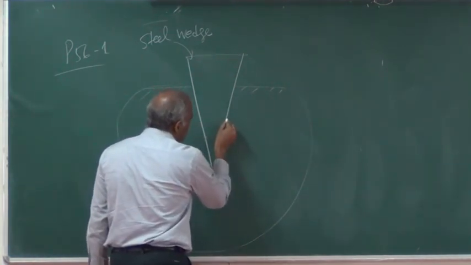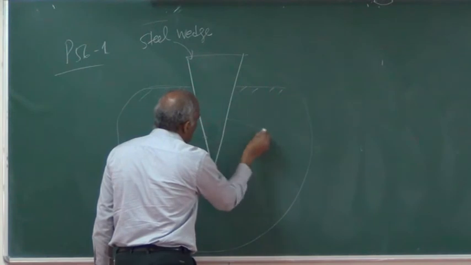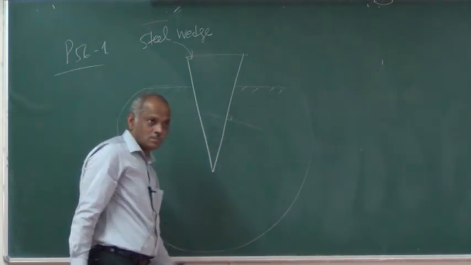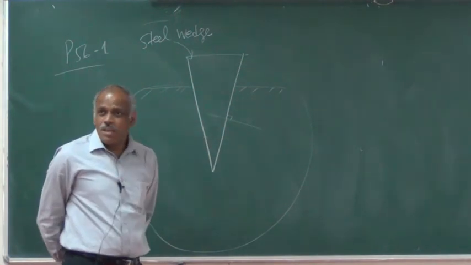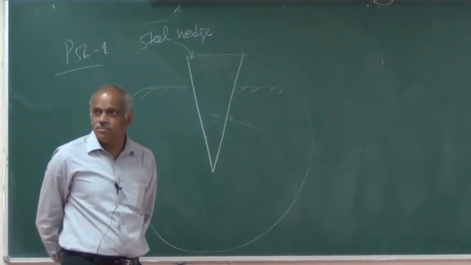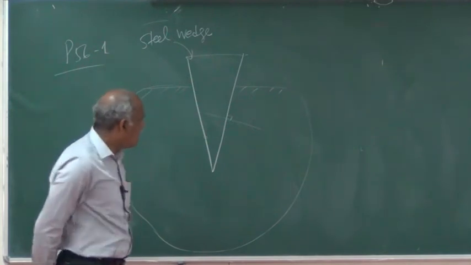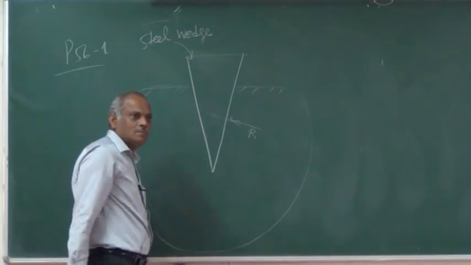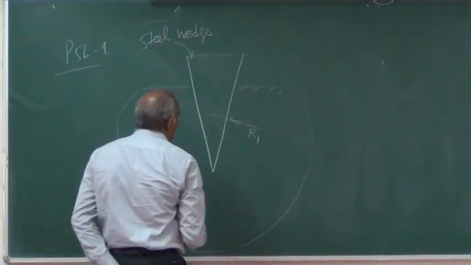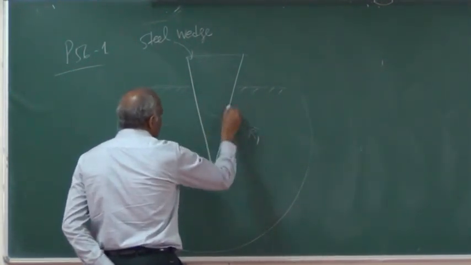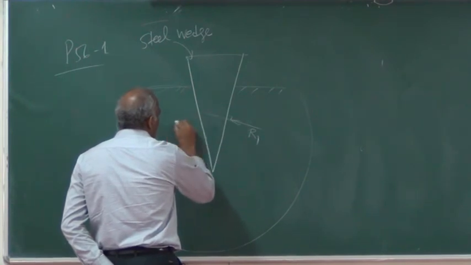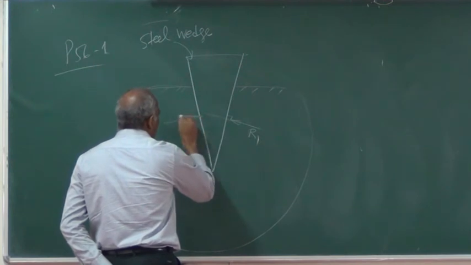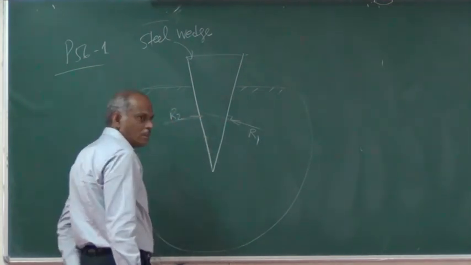In the absence of friction, I can think of a normal line here, and the reaction force from this will be like this. So if I say this one is R1, I can also think of another normal line here, through which the reaction force from the second surface will come.